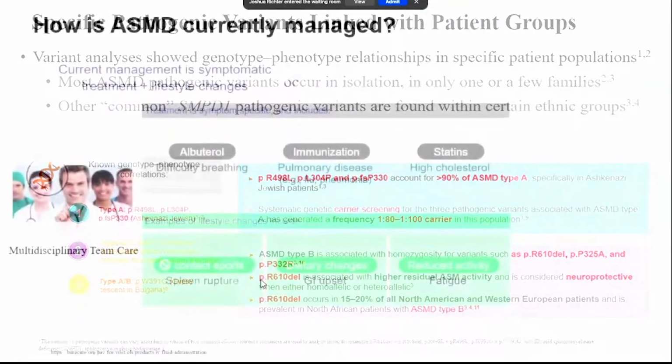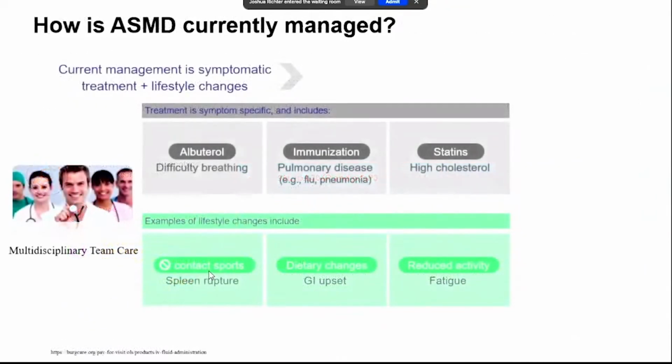The current management for Niemann-Pick disease is symptomatic treatment and lifestyle change. Multidisciplinary team care is very important. Most of the patients need albuterol for difficult breathing, and extra immunization like the flu vaccine and pneumococcal vaccine for their lung problems, and statins to control their high cholesterol.